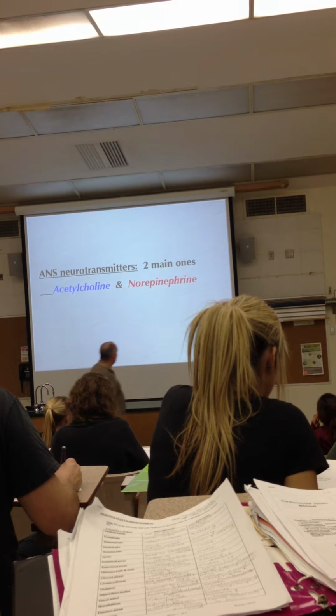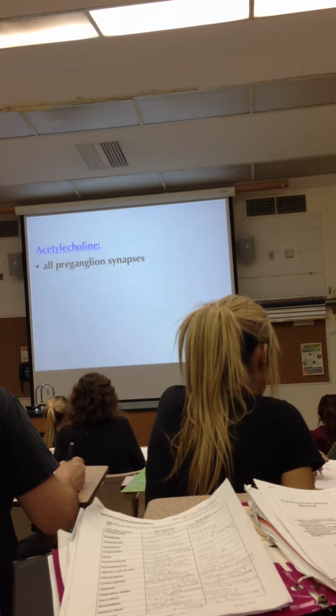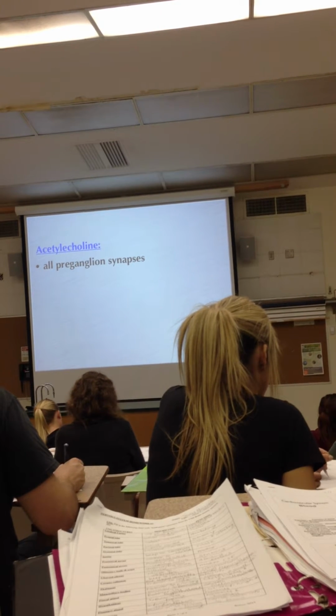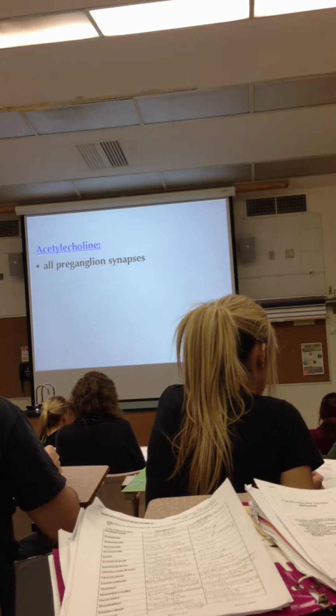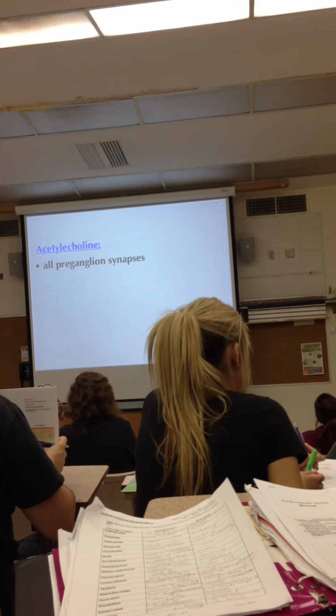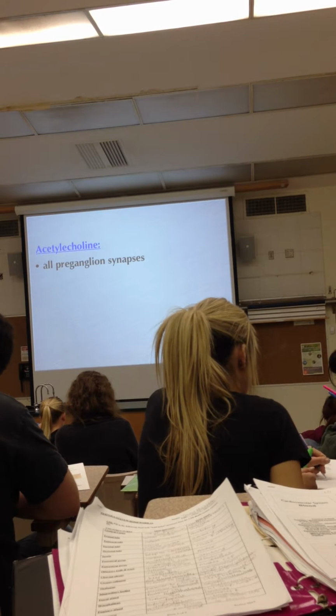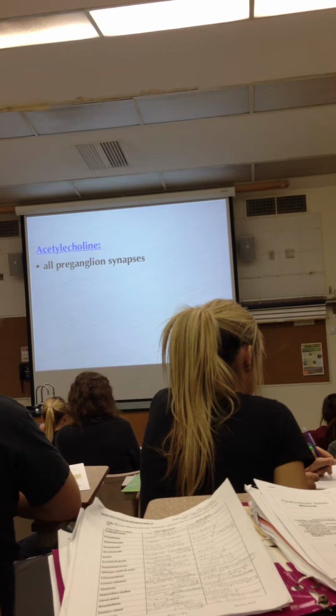Okay? So acetylcholine. Both sympathetic and parasympathetic, that synapse between the preganglionic and postganglionic, so in the ganglion, it's all acetylcholine.